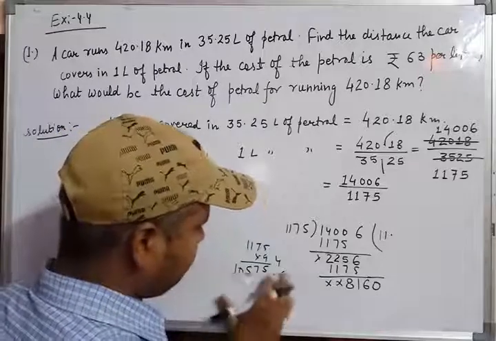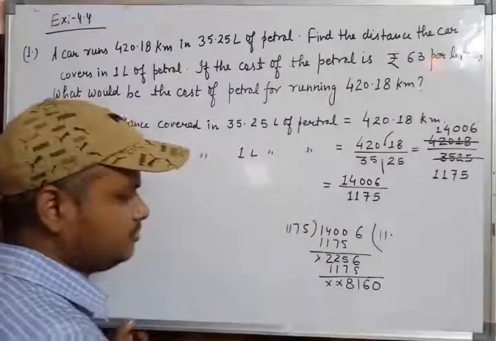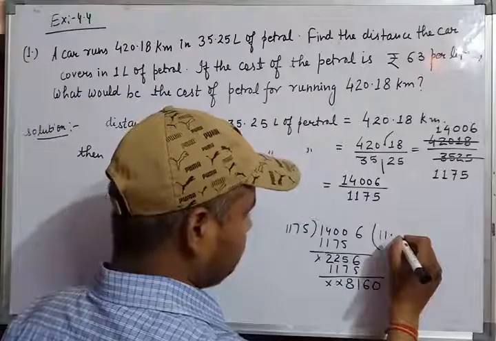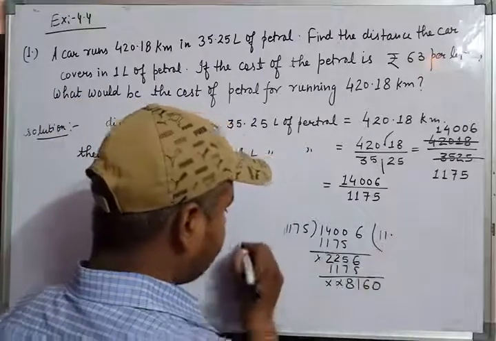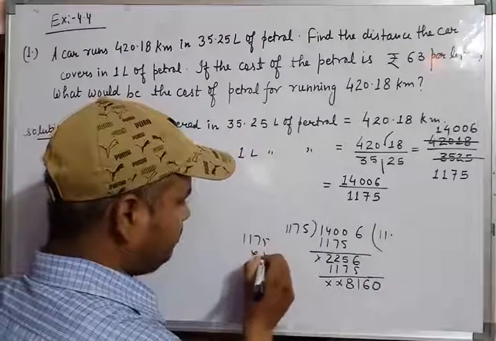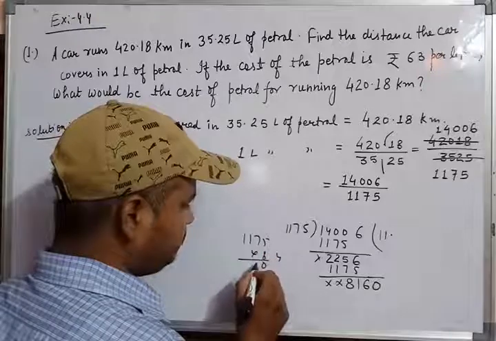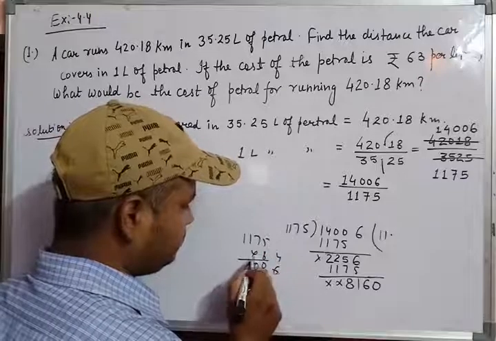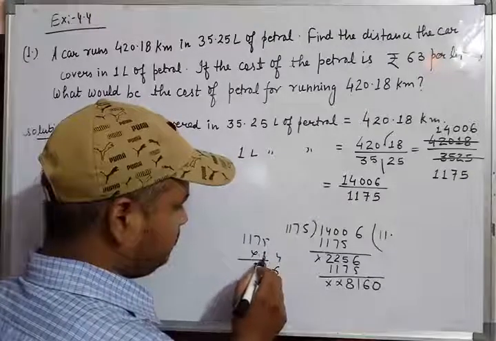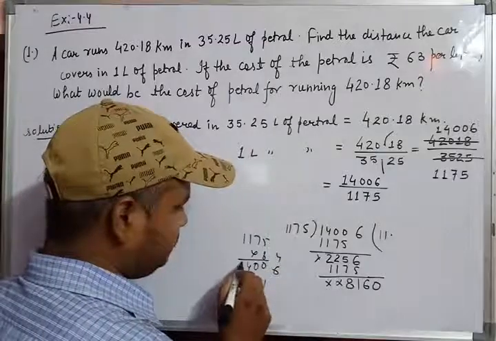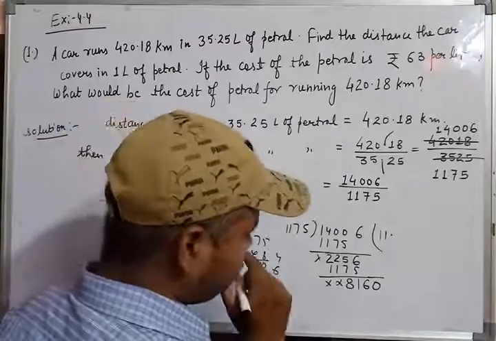This is a very large number, so we can write 8. 8 5s are 40, 8 7s are 56 and 4 is 60, 8 1s are 8 and 6 15, 9400.